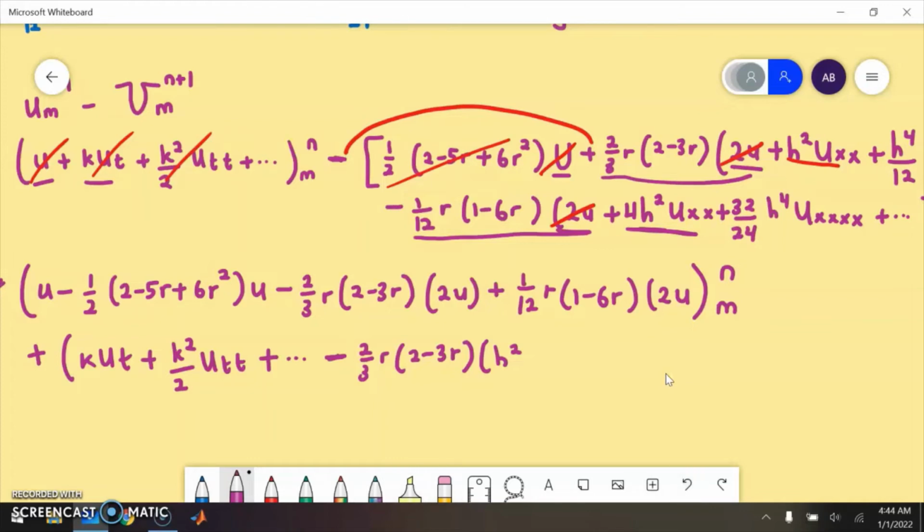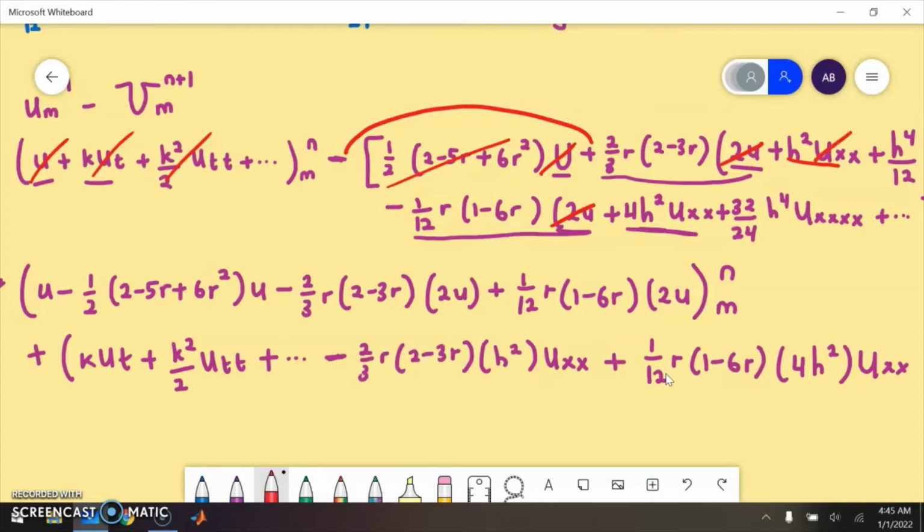Okay, so I have u_xx and then positive 1/(12r), 1 minus 6r, 4h² u_xx. Okay, this term is considered as well. h² and 4h².